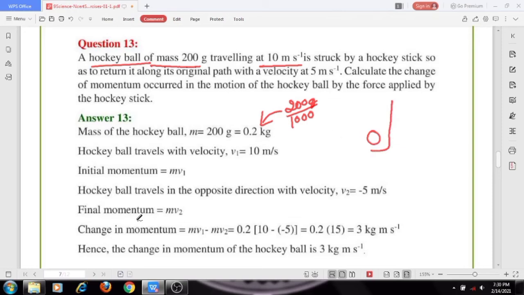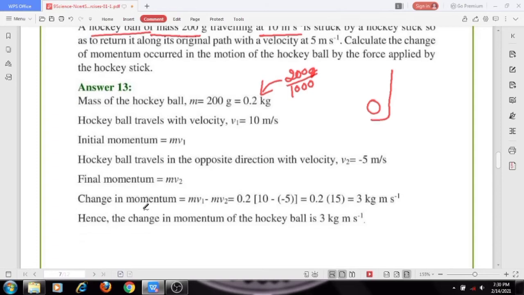Then final momentum is equal to the mass of the hockey ball and the final velocity, that means the change in the direction of the velocity. So we can take this as v2. Then change in momentum is equal to mv1 minus mv2. The mass of the ball remains the same because we are using only one ball.